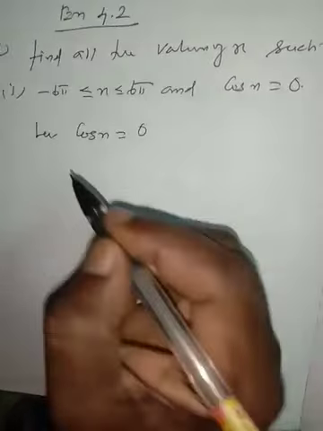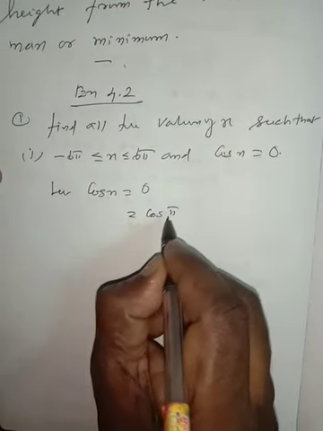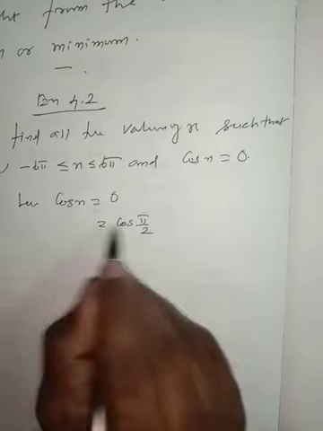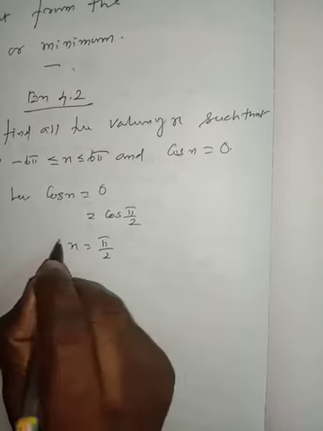Solution: cos x is equal to 0. We know cos pi by 2 is 0. Taking cos inverse on both sides, we get x is equal to pi divided by 2.